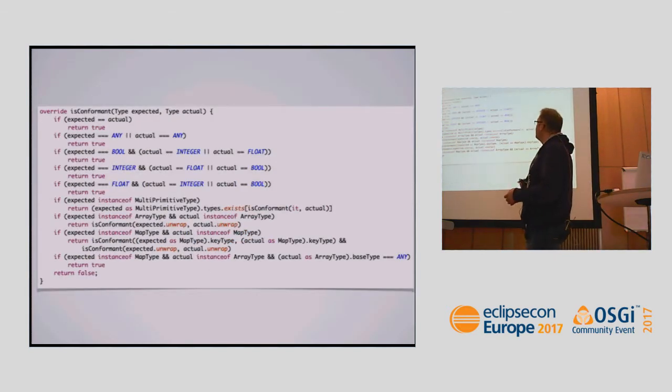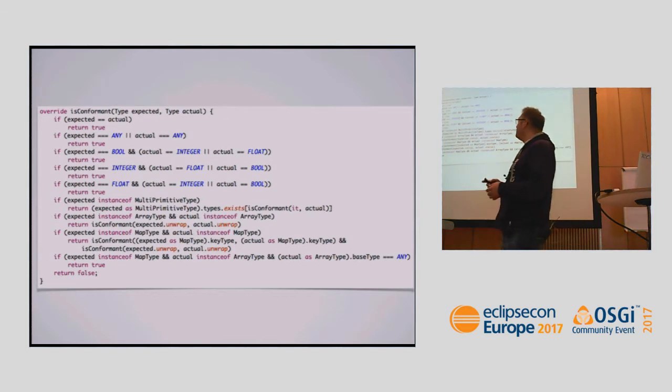And for the conformance part, that's also quite easy. You look if they actually match. In this case, we are able to assign integers or floats to bools. That's the special thing of that type system.